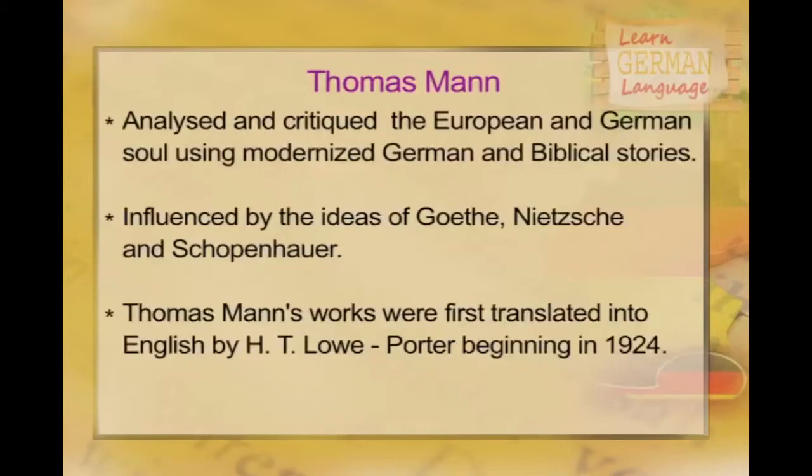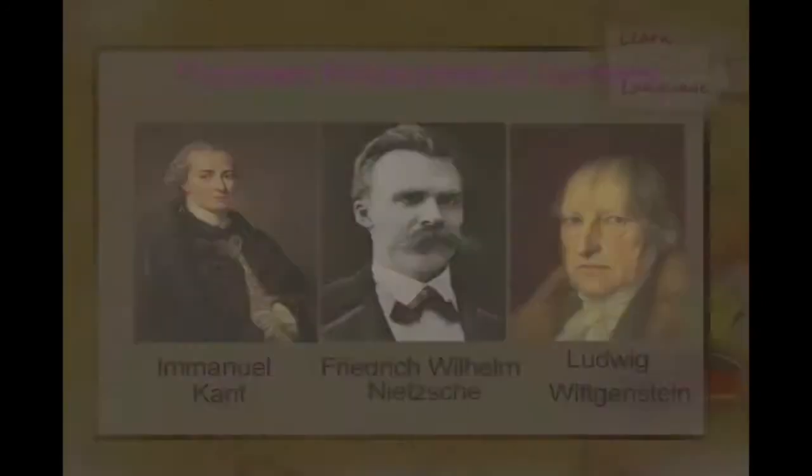His analysis and critique of the European and German soul used modernized German and biblical stories as well as the ideas of Goethe, Nietzsche and Schopenhauer. Thomas Mann's works were first translated into English by H.T. Lowe-Porter beginning in 1924, and his works include the novel Buddenbrooks, The Magic Mountain and his numerous short stories.